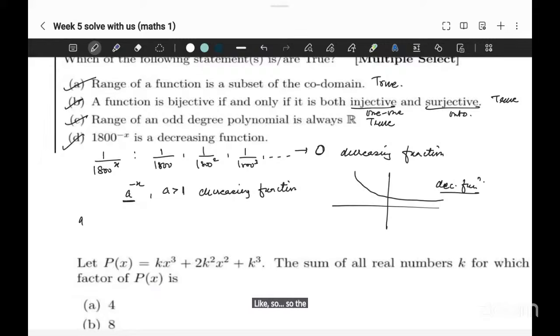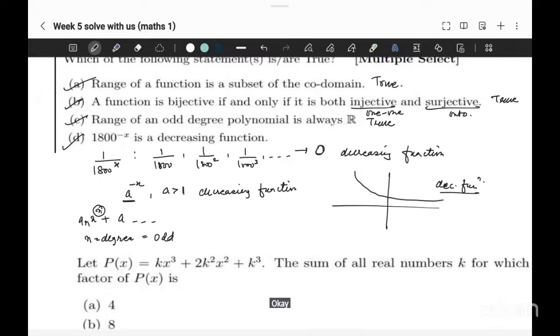The polynomial is something like a_n x raised to the power n plus so on, right? This is how I write the polynomial, and this n is actually the degree, correct? The highest degree.